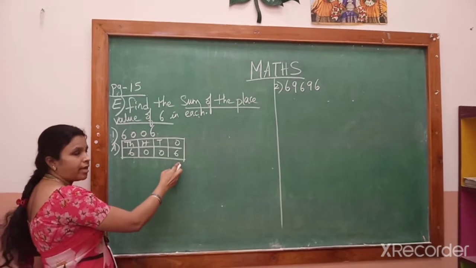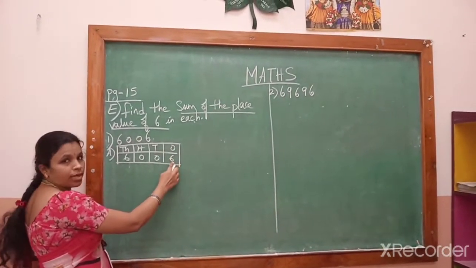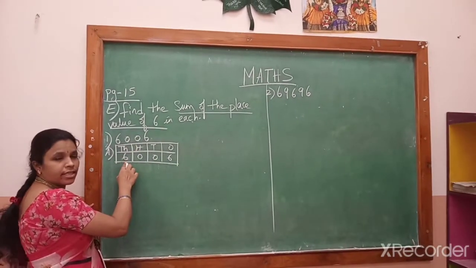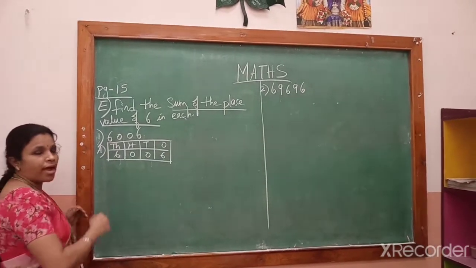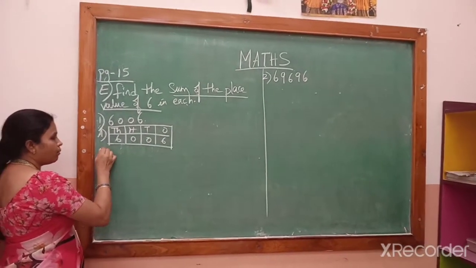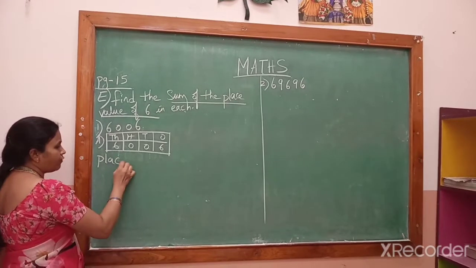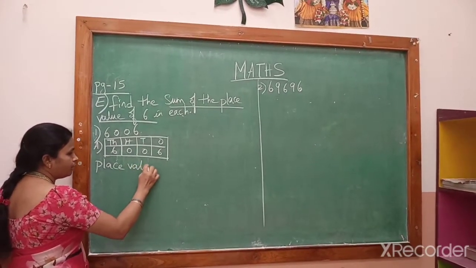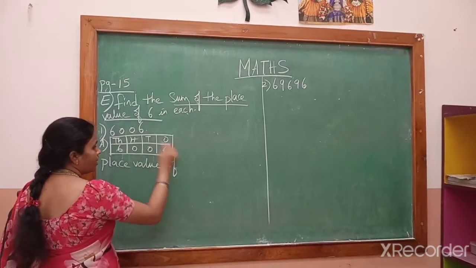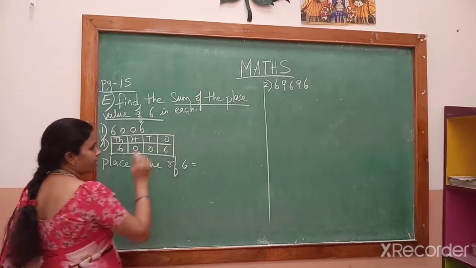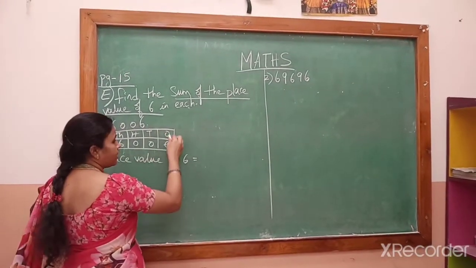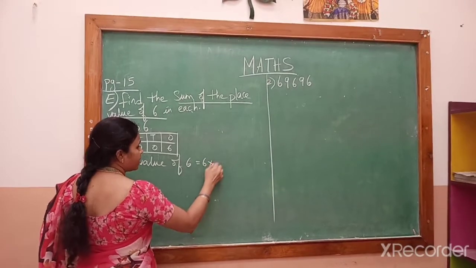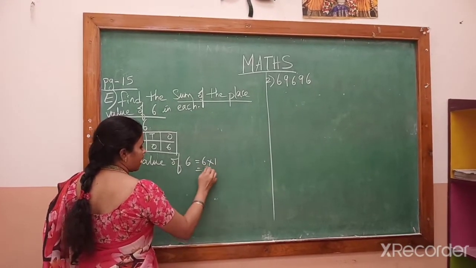First it is in ones place and next it is in the thousands place. First find out the place values of both the 6. So write first place value of 6. First 6 I am taking. It is in the ones place. That means 6 ones are 6.